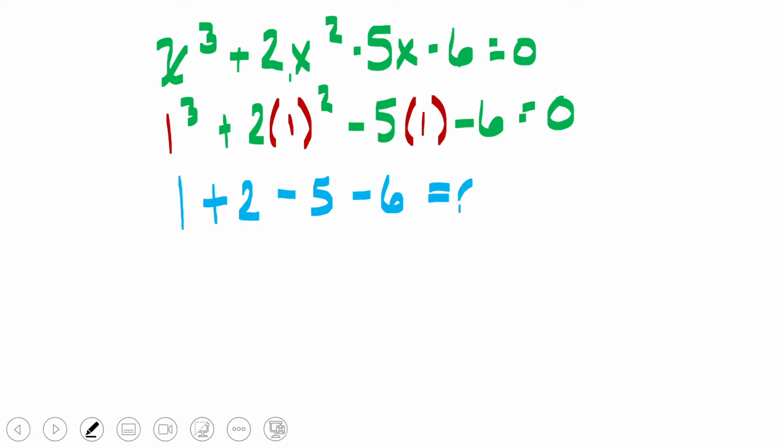Is that equal to 0? One plus 2 is 3, minus 5 is negative 2, minus 6 is a negative 8. It's not equal to 0.